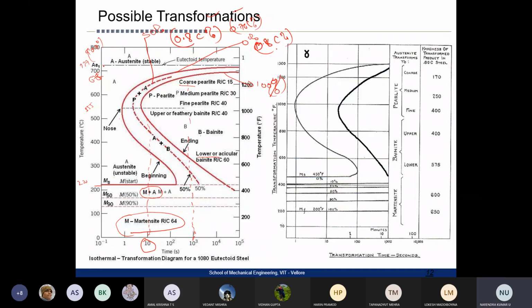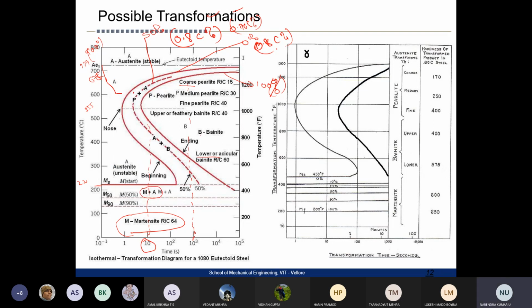So how can it be done? From room temperature, you are heating to 900. Everything is in austenite, and from 727, initially you are going to drop. Say I want to have medium perlite, 50%. So in 1 second, you drop it.